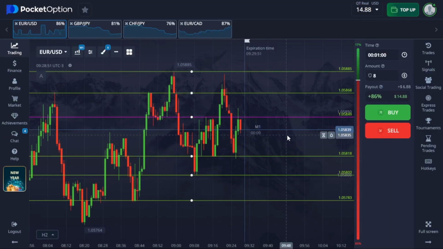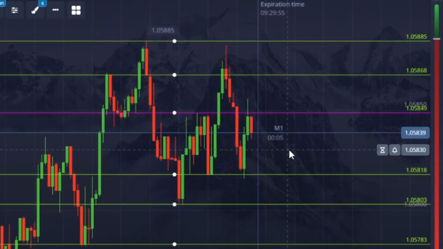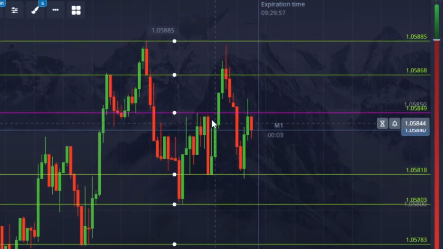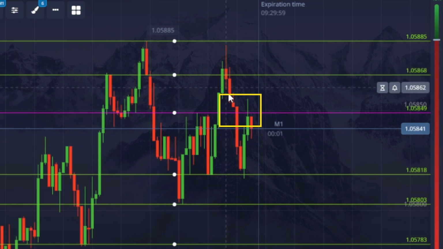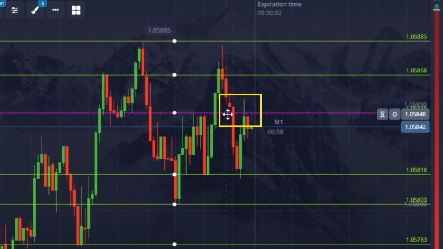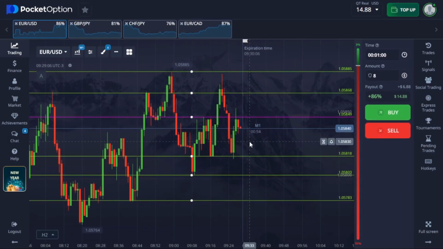If the support zone isn't broken, I would take a short position. If the price doesn't surpass the zone, it means the uptrend continues. Okay? The price shows clear signs of continuing the uptrend. When the price returns, I will consider a reverse position.